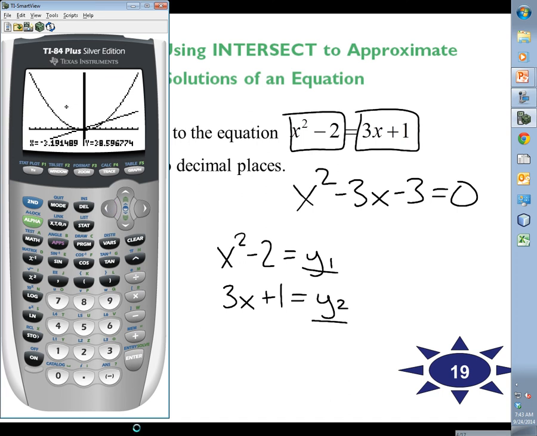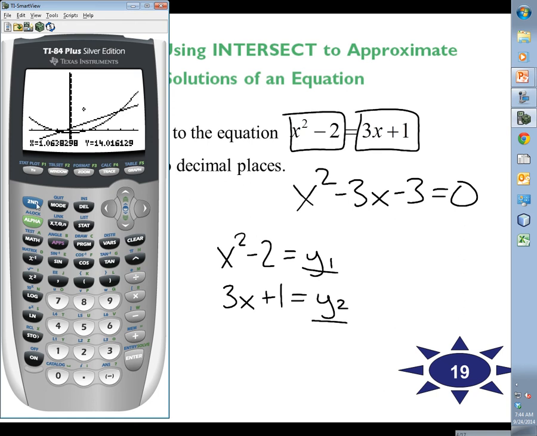That encloses both of the intersections. I'll drag this over until it's enclosing the second intersection. I've got a nice viewing rectangle. I'll hit enter, and it'll redraw it for me. And we can see there's one, and there's our second solution.